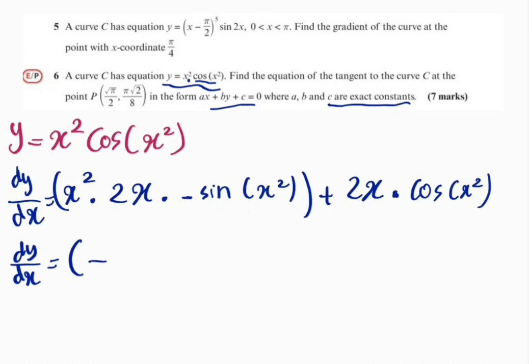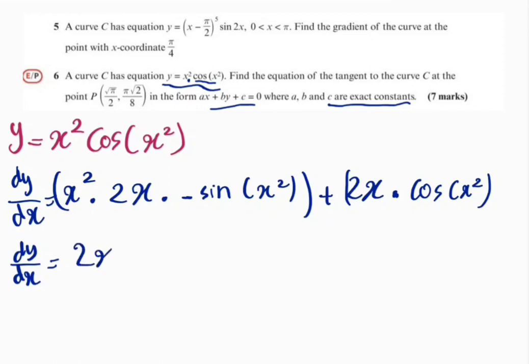Before simplifying, it's always good to check if you can factorize, because it's going to be helpful, especially in questions like this where we are not dealing with very nice functions. Here we have a factor of 2x in both terms, so we can take a factor of 2x out, and that's going to be very helpful.